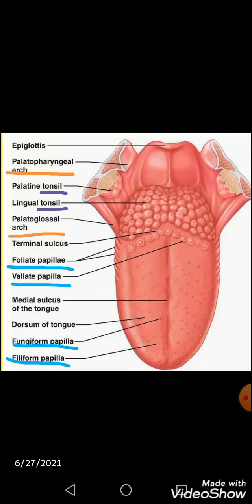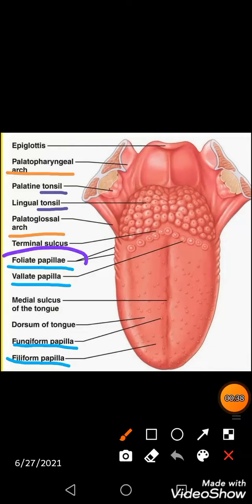And now you have to concentrate. Then there is another variety called foliate papillae. They are present along the lateral margins of the lingual mucosa, and in humans they are poorly developed, right?